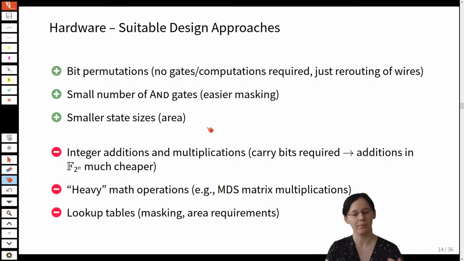So for example, operations in a finite field, like an MDS matrix, are okay if it looks like the one in AES, but it's not great if it has very complicated coefficients. And finally, what absolutely doesn't work well is lookup tables like S-boxes, unless they can be rewritten as a simple circuit.